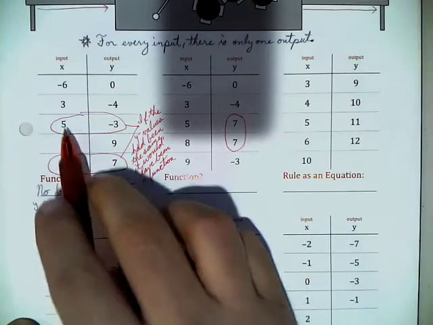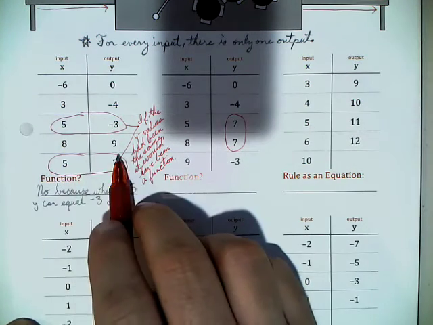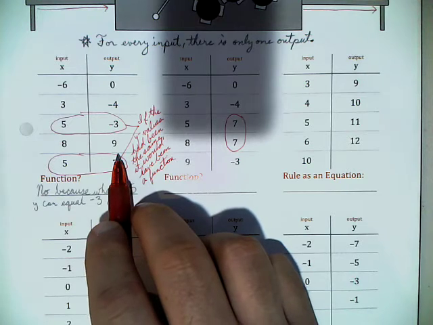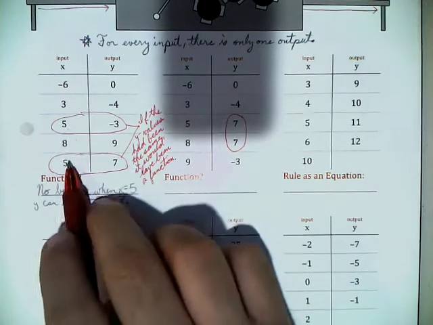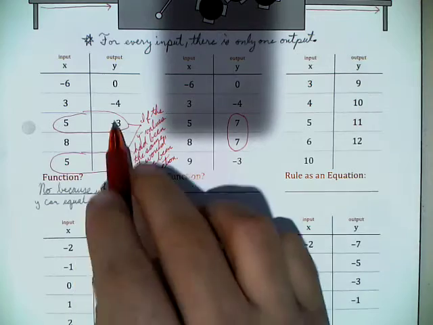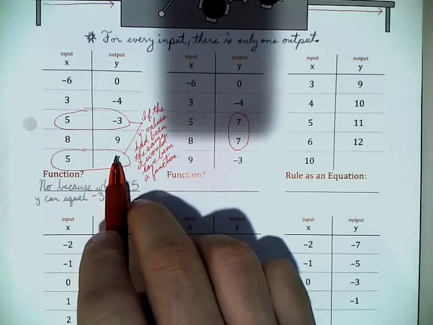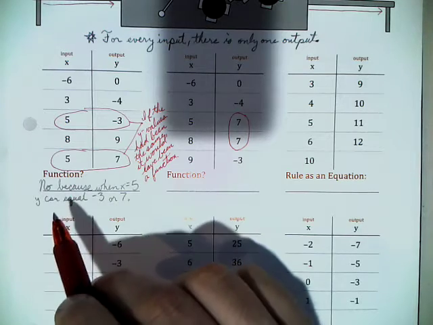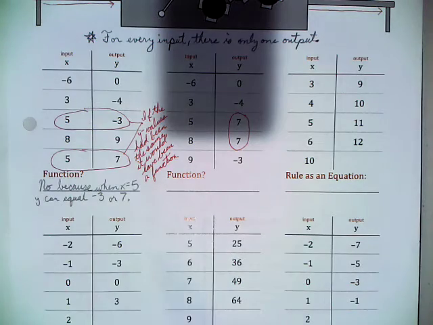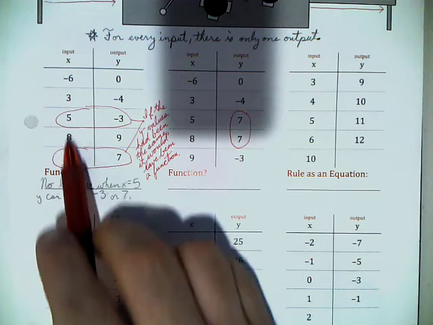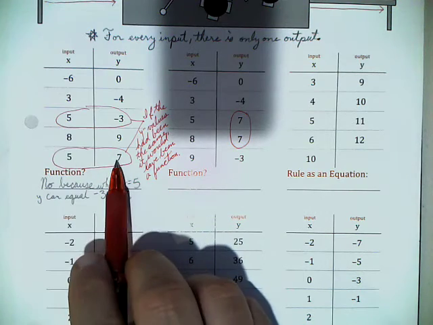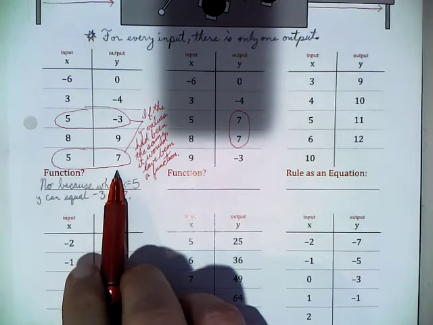If this was 5, 7, and 5, 7, this actually would have been a function, because every time we saw a 5, a 7 came out. Or if these were both -3, every time a 5 went in, a -3 came out. That would have been a function. Okay, so that's the condition. Every time we see one of these guys, it leads to the same thing over here.